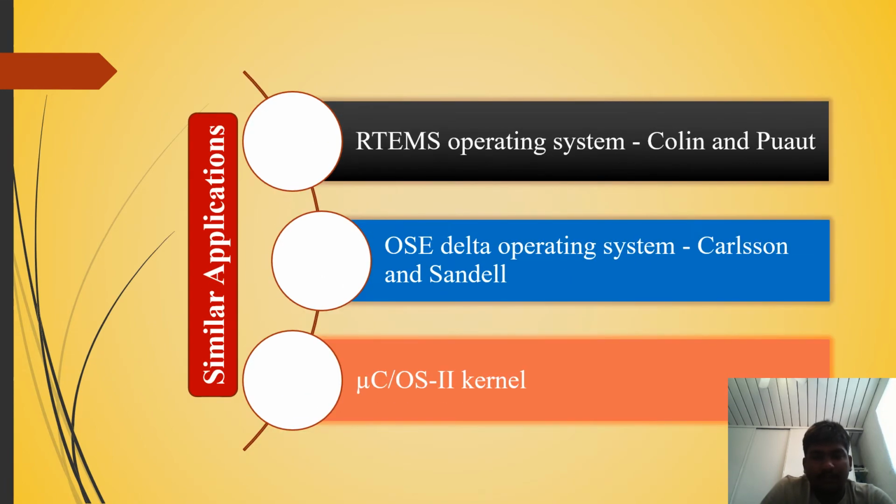Till now we have discussed the SCL4. Now in this slide we can see applications similar to SCL4. There are three types of kernels which are similar to SCL4. They are the RTEMS operating system, the OSC Delta operating system, and the microkernel operating system OS2. The first major static worst case execution time analysis of a real-time executive was done by Colin and Puaut using the RTEMS operating system.